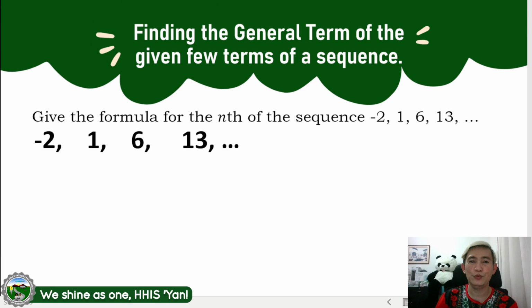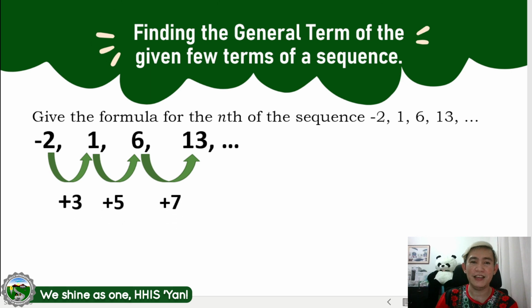So negative 2 becomes 1, 1 becomes 6, and 6 becomes 13. So by studying the rule or the pattern, negative 2 becomes 1, so we have to add 3. 1 becomes 6, so we have to add 5. And 6 becomes 13, we have to add 7.